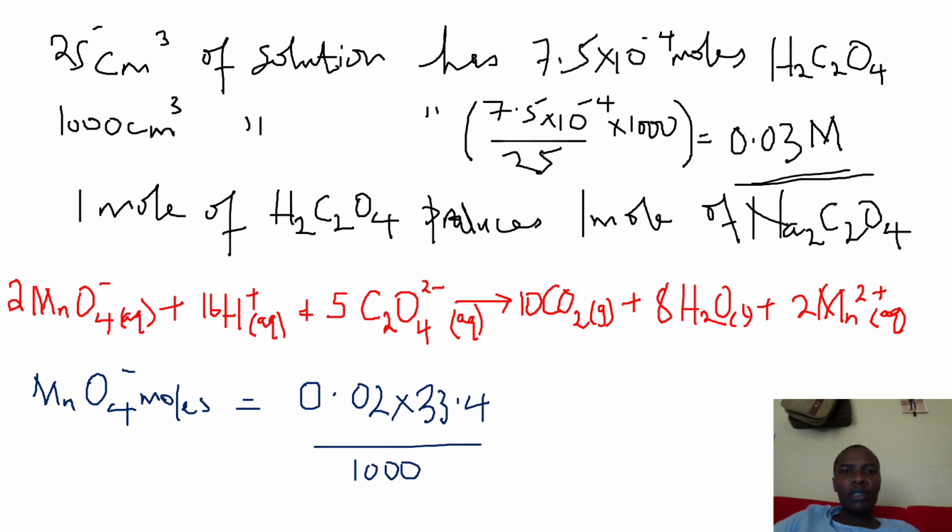So I'll have got the moles of the permanganate. So this is going to be giving us 6.68, I think so, times 10 to the power, let me see, I don't want to make even the slightest mistake, the power negative 4 moles.